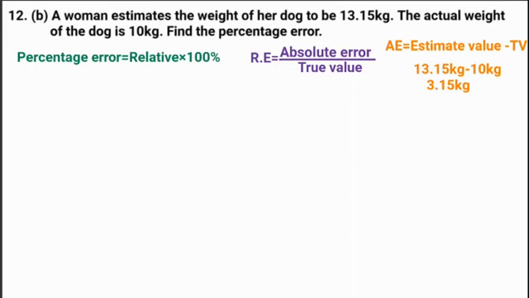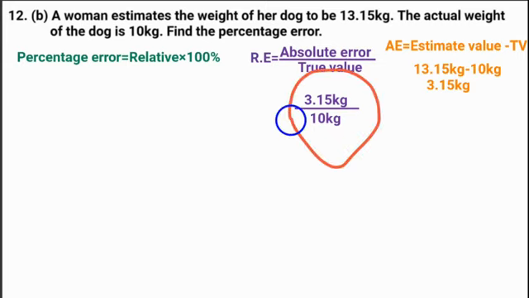So the absolute error is 3.15 kg, which will be over the true value, and the true value is 10 kg. This expression I've come up with is the relative error.